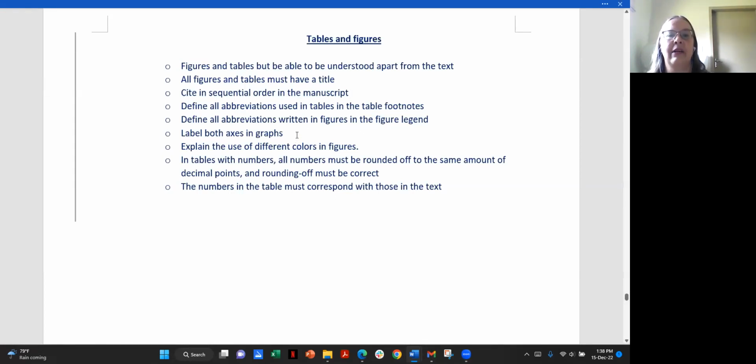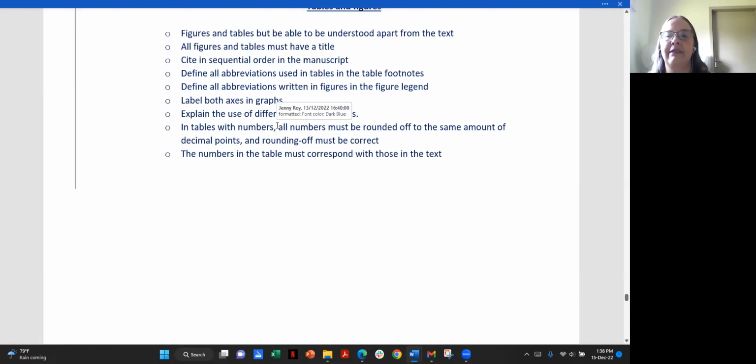Label both axes in a graph. That's often not done, and then that just adds to confusion. It's just another thing for the reviewer to pick up on and make a comment. If you use different colors in figures, please explain that. In tables with numbers, it's always a good idea to round them off to the same decimal points.